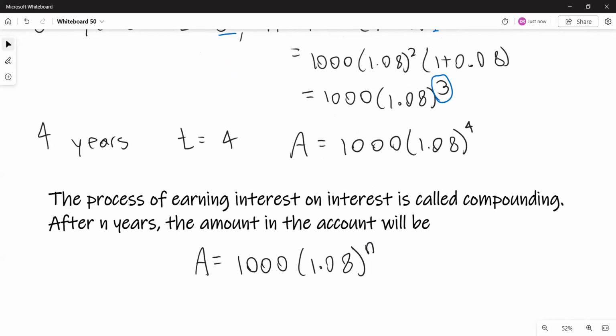So I'll give you the formula, the compound interest formula. I just need to open the book, and I'll copy the formula for you. Okay, so there it is.